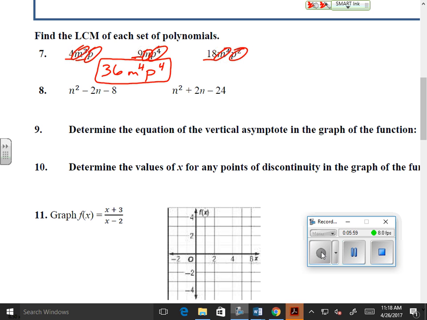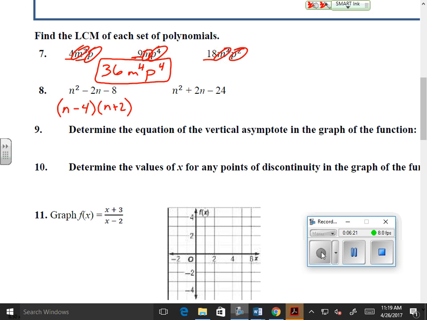Number 8, I need to factor these down to figure out what factors I need to include in my least common multiple. So that factors into n minus 6, or n minus 4 times n plus 2.